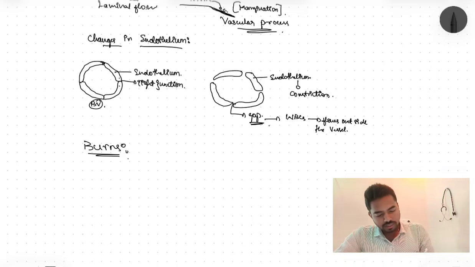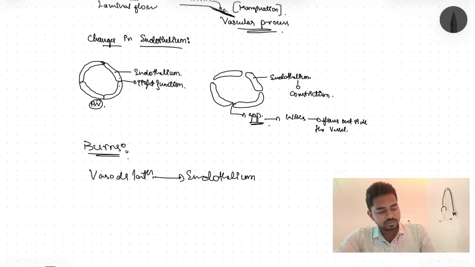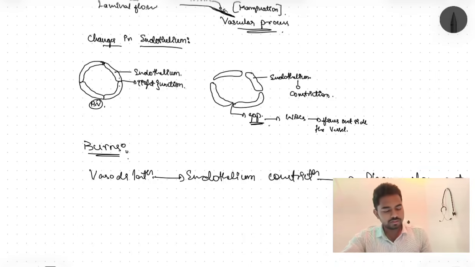We know if there is any inflammation, there will be vasodilation and endothelium constriction, which causes a gap. From this gap, plasma flows out along with WBCs. We know this, right?